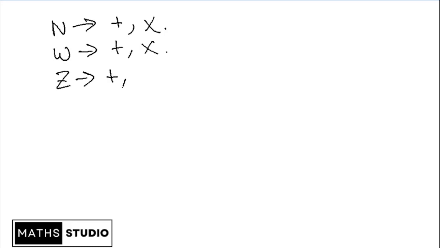Okay, now let us come to the next rule. But before that, in case of natural numbers, it was following closure over plus and multiply. For whole numbers it was the same, plus and multiply. Then came integers, it was plus, minus and multiply.